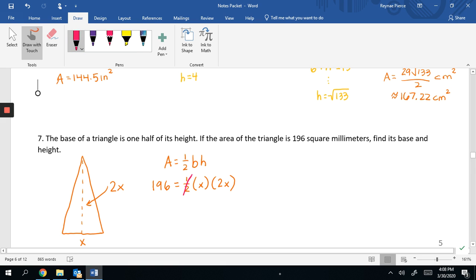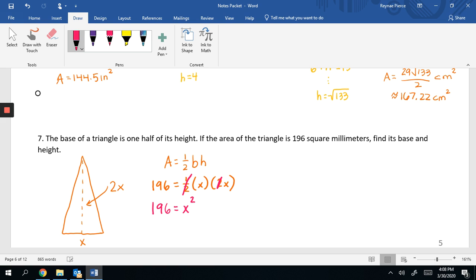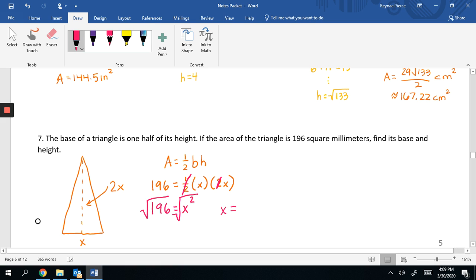Okay, my 1/2 and my 2 cancel each other out. So on the right side, I just have x squared. On my left, I still have 196. Okay, this one's nice because I can just find the square root of both sides. That tells me that my base is 14.